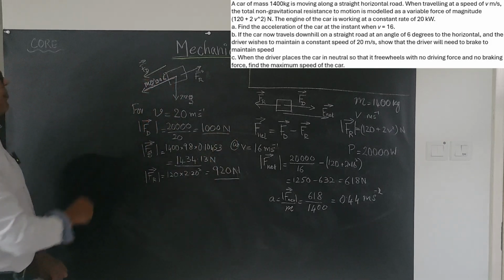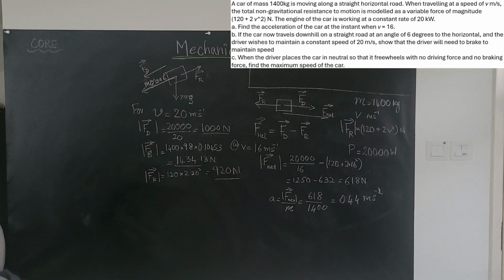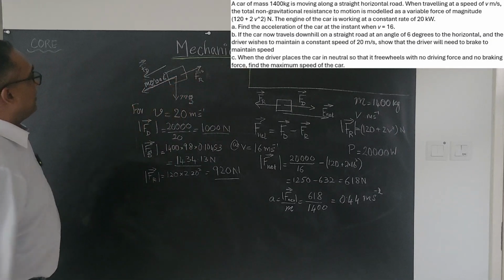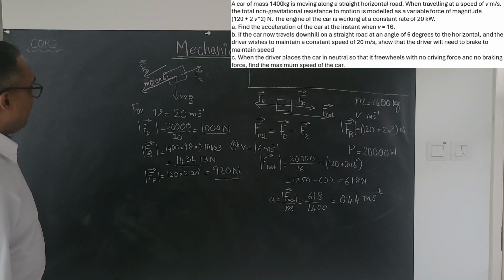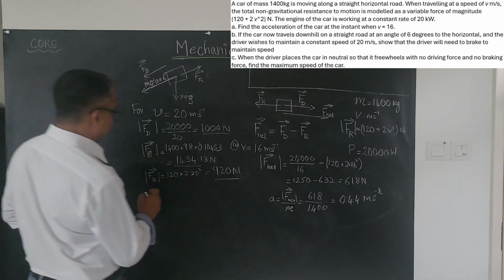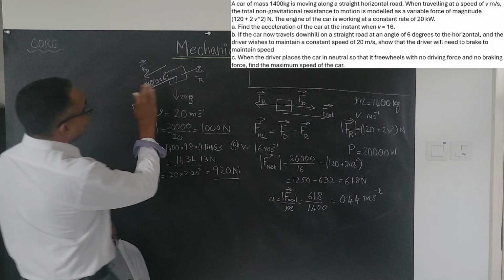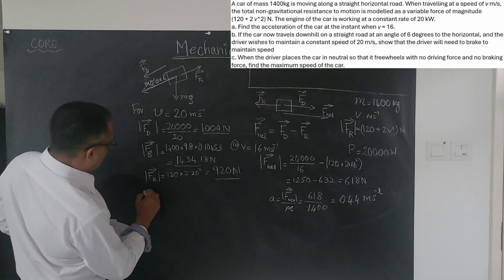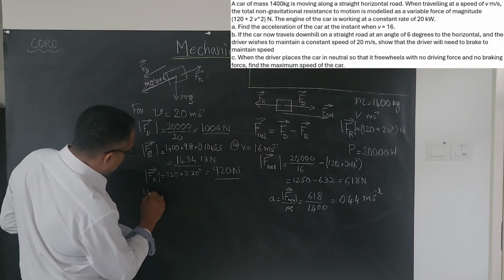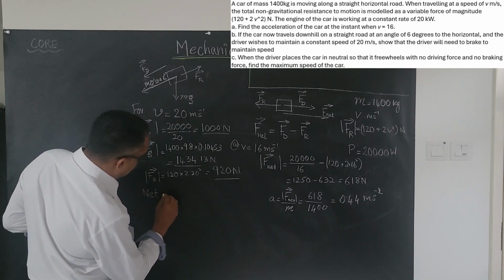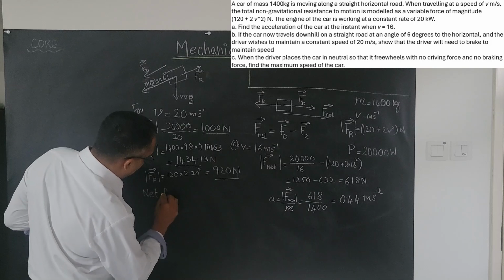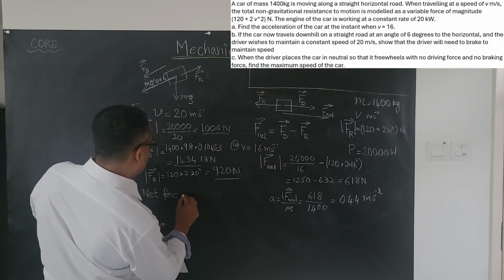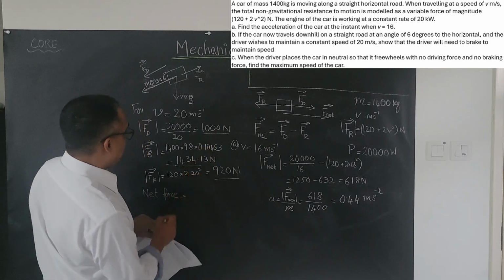Now, what is happening here? Clearly, the resistive force is in one direction, and so let's just say there was no braking at that speed. If you were at that speed, the net force would be equal to, and here's how I would do this.